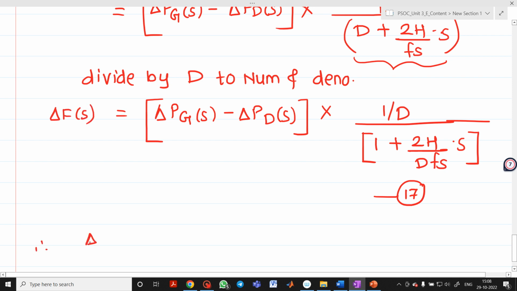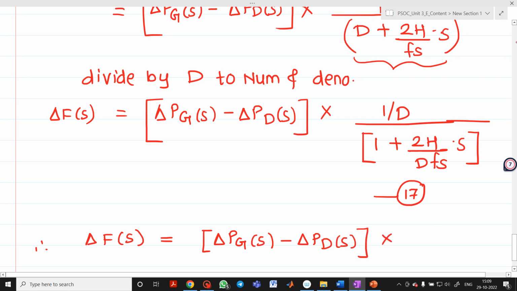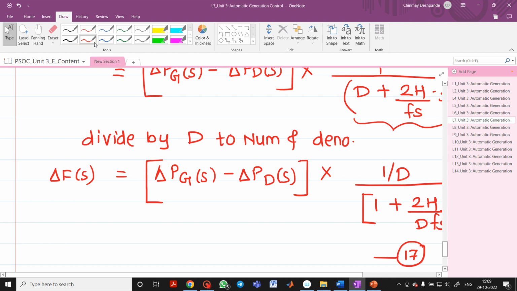So I can write or modify this expression as delta f of S equal to delta Pg of S minus delta Pd of S into, now I want to take another color, so that we can write it.